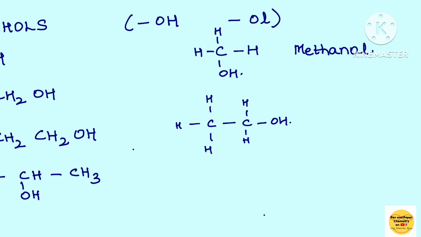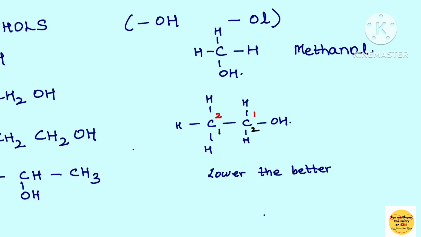What did we say? The lower, the better. Right? So, if I have to give the position of the functional group, remember the term locant? I can start from here and then go on to here. Or I can give this as position number 1 and this as position number 2. Yes, there are 2 carbon atoms.